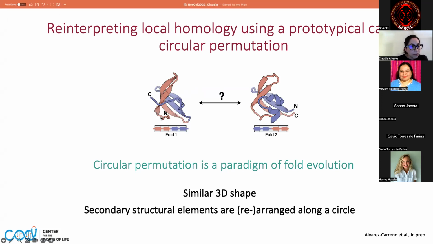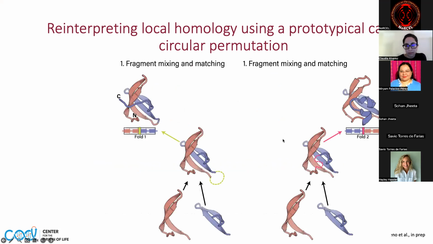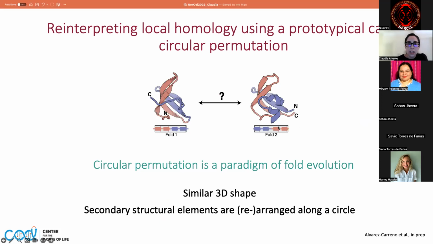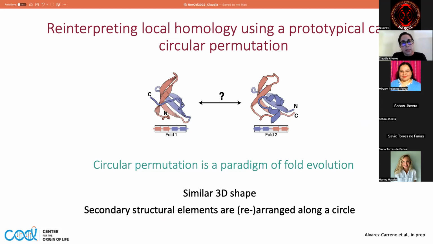So the structure on the left has the two secondary structural elements in red on the first part of the protein, and the structure on the right has the same two secondary structural elements at the end, the C-terminus of the protein. And that means that in the sequence, in the linear space, the secondary structural elements have been rearranged. But if we only look at the three-dimensional structure that is represented here, we will see that they look very similar, almost identical.